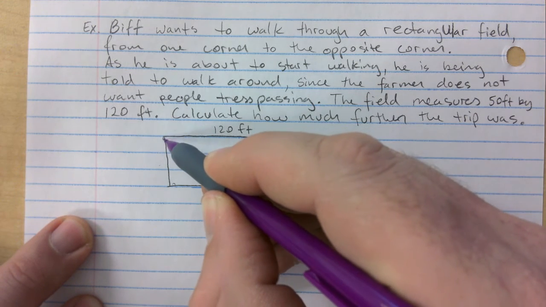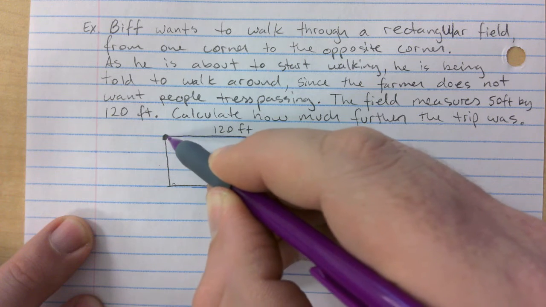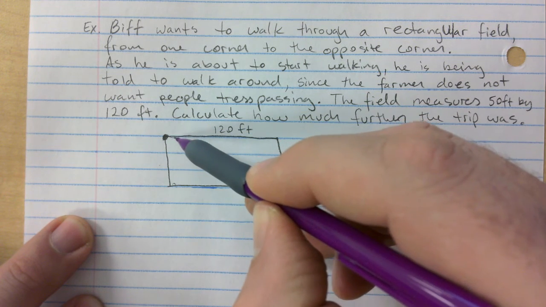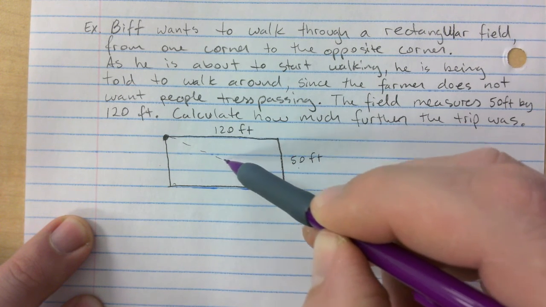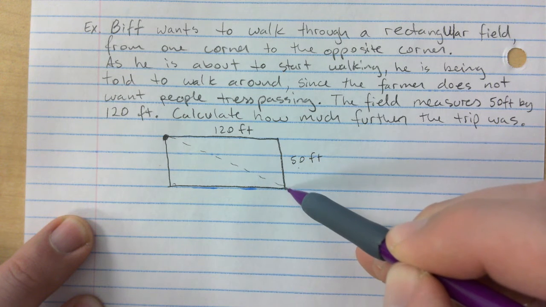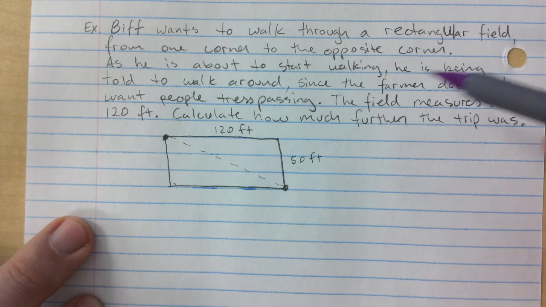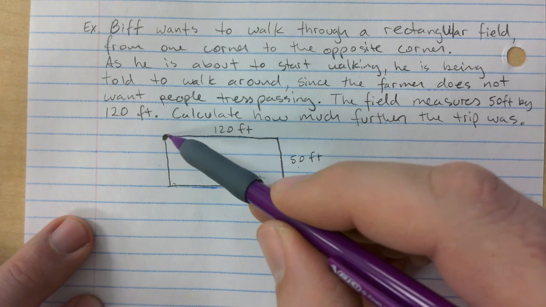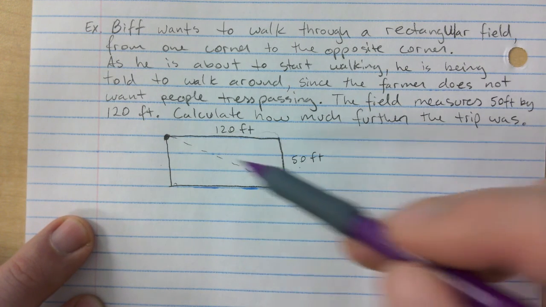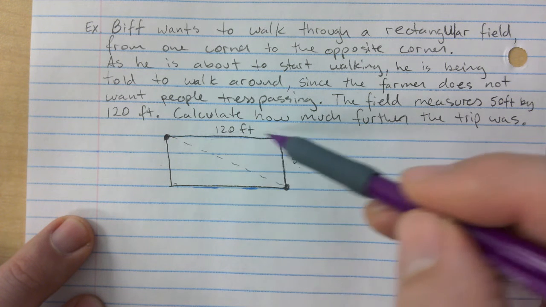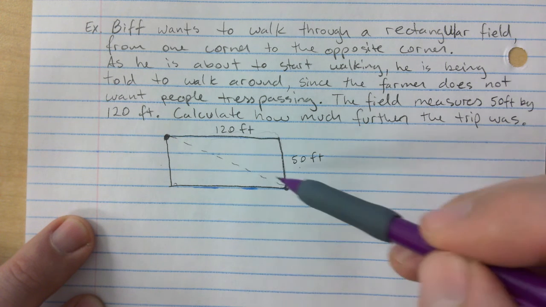So pick a corner. He's over here, and his plan is to cut across the field like this, right? And then he's told, no, you can't, you have to walk around, right? How much further was this trip compared to going straight across?